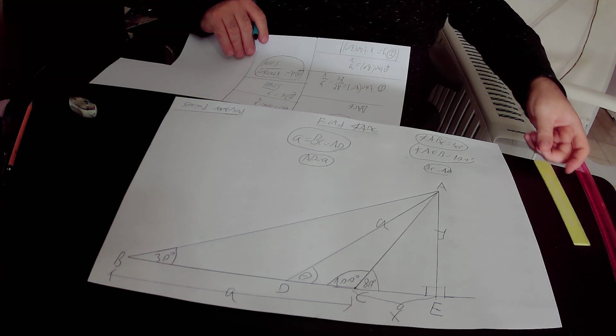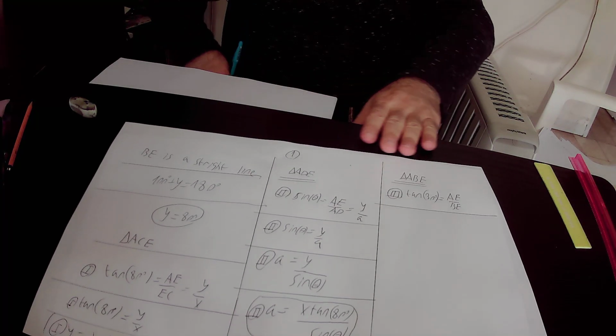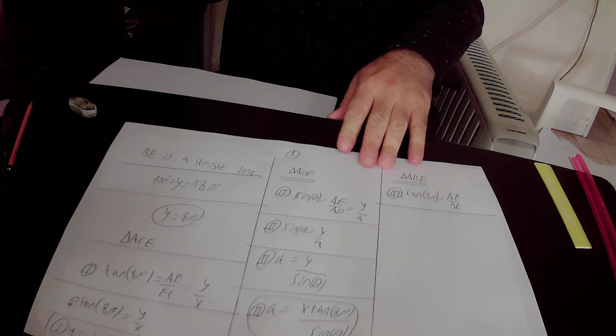I repeat again, on the right triangle ABE, tangent 30 degrees equals AE over BE.